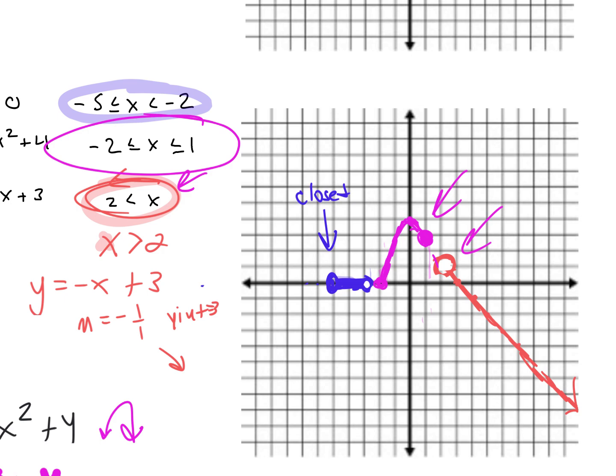So it's not the easiest thing in the world for us to grade. But we are going to go through and make sure your notations are correct at the end. The shape of your graph is correct. That if you have a parabola, it's in the right spot. Your lines have to be in the right spot. If you don't know where to put something, guys, make a table of values.